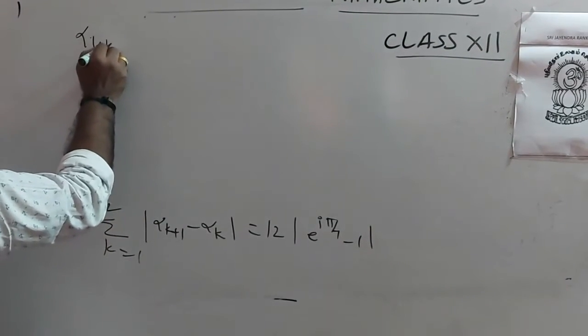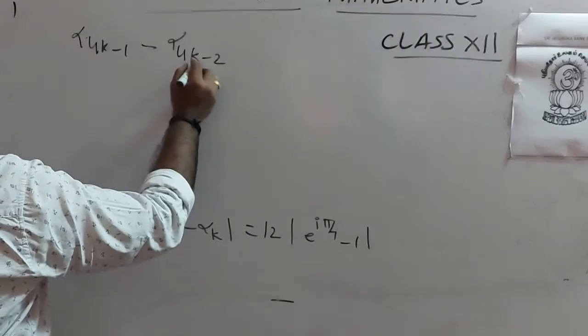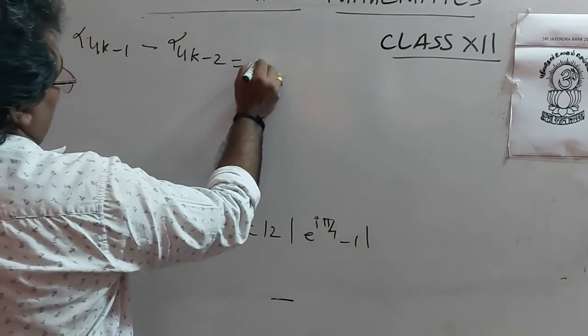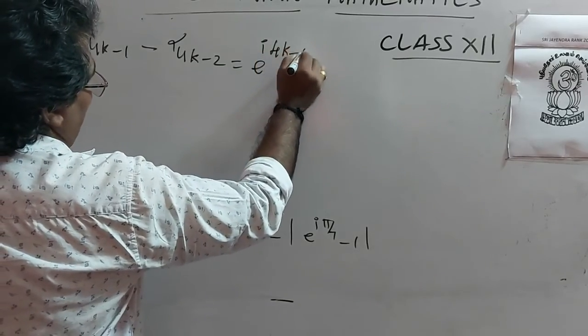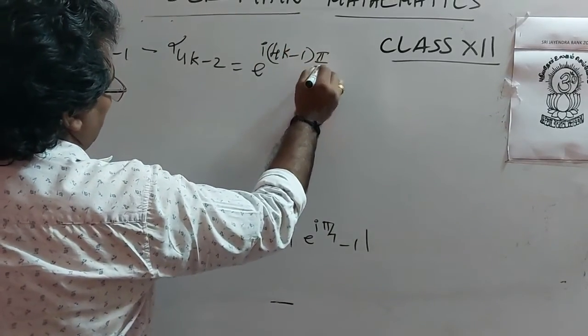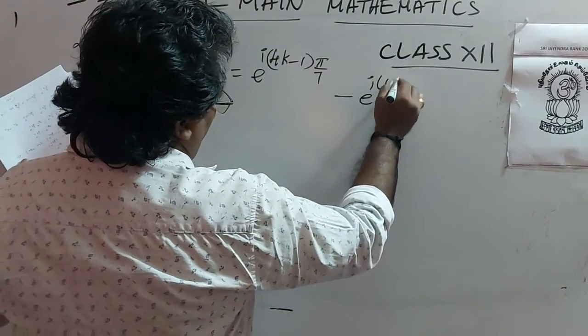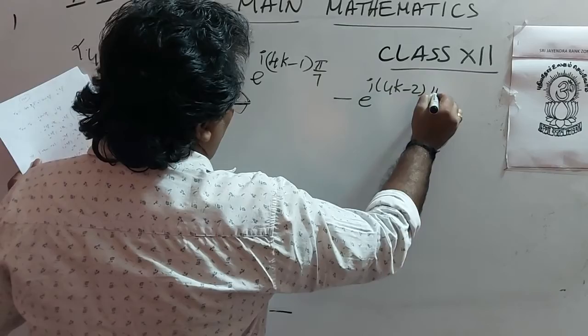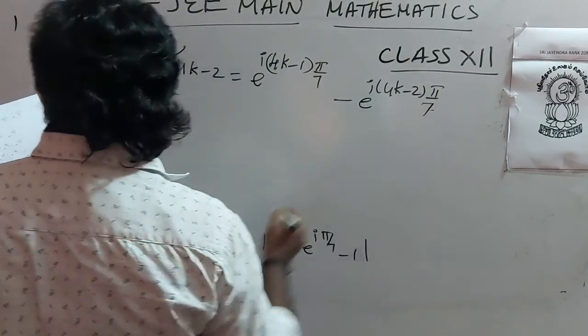Alpha 4k−1 minus alpha 4k−2 equals e power i (4k−1) pi by 7 minus e power i (4k−2) pi by 7.